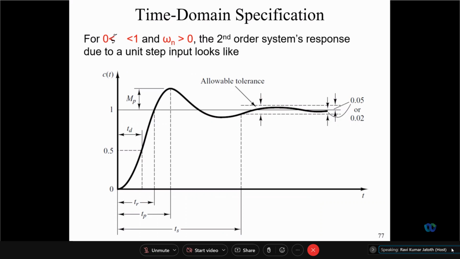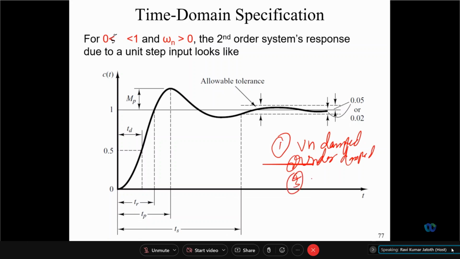So now, if it is a second order system, all four cases need to be seen: undamped, underdamped, overdamped, and critically damped. We consider the input as a step input.